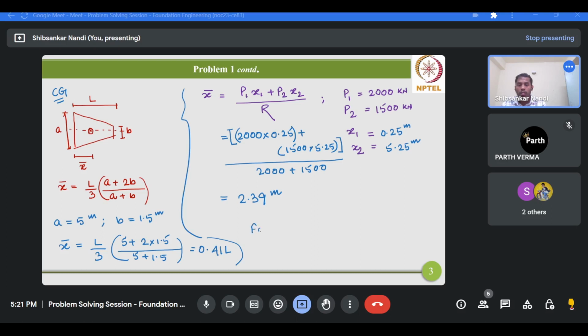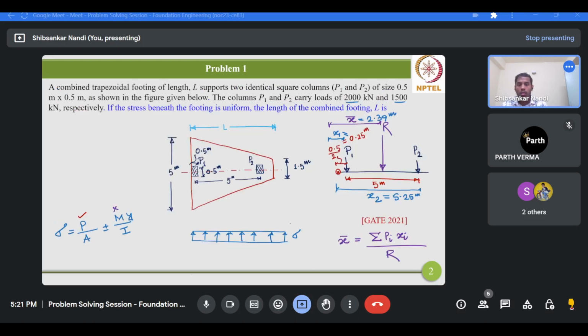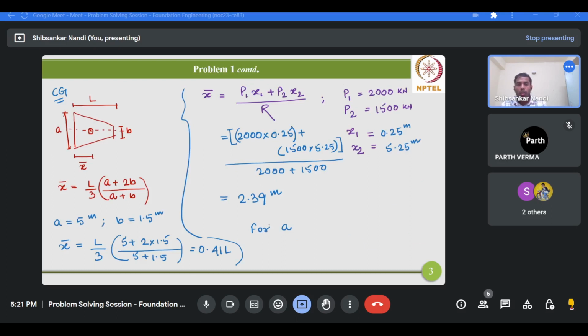Now for a uniform stress distribution beneath the footing, these two values should be equal: this 0.41 L and this 2.39 meter.